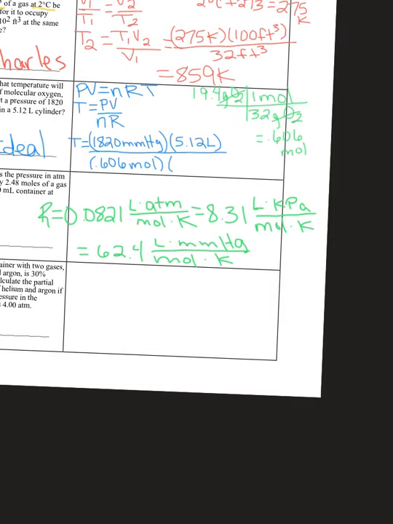So how do we know which one to choose? The key is to look at the units. Look at the units, alrighty? The problem gives us units, millimeters mercury and liters. So which one of these R's has the units millimeters mercury with liters? This one. So that's the R we choose. So we're going to plug in 62.4.